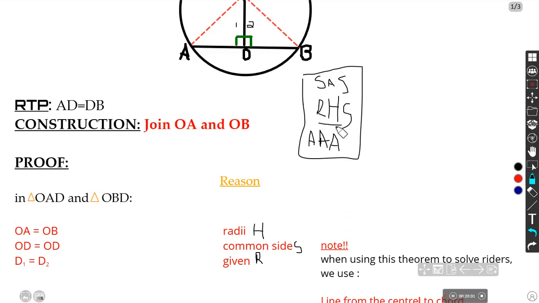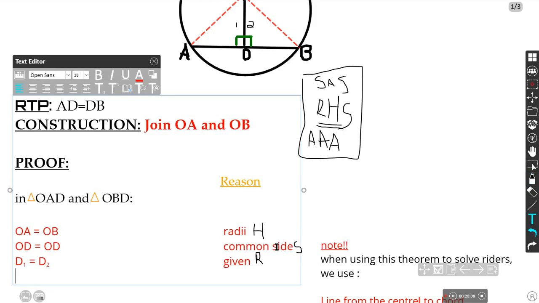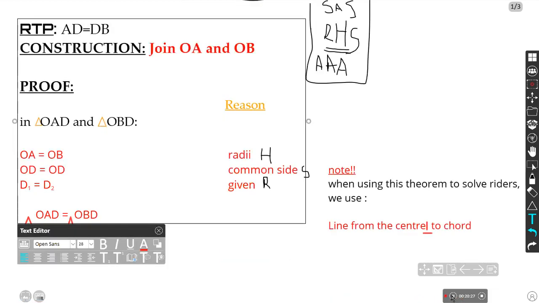So can you see you are picking up this right angle hypotenuse side, which means when you're about to conclude, you're going to say, therefore, triangle OAD is congruent to triangle OBD, and our reason will be right angle hypotenuse side.